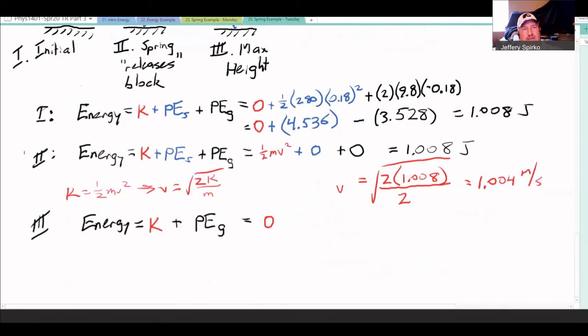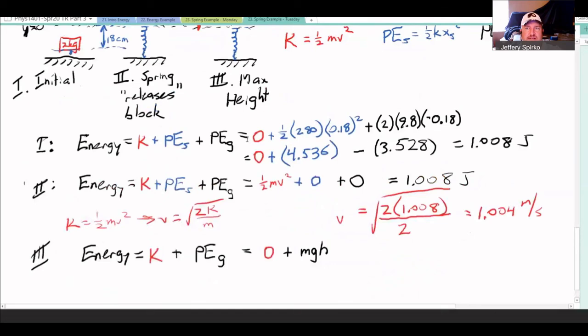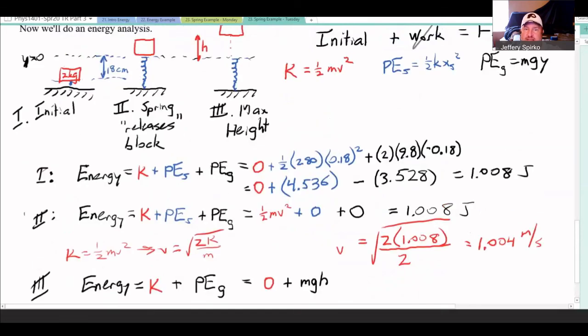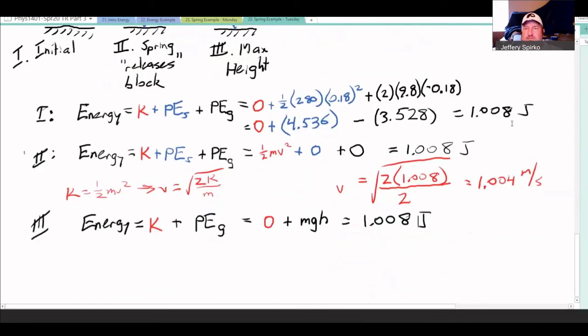And then we get our plus potential energy due to gravity is mgh. It's mgy, and our y value is called h here, so I can call it mgh. And that is equal to 1.008 joules. The same amount of energy we started with is the same amount of energy we had in the middle, is the same amount of energy we had at the end.